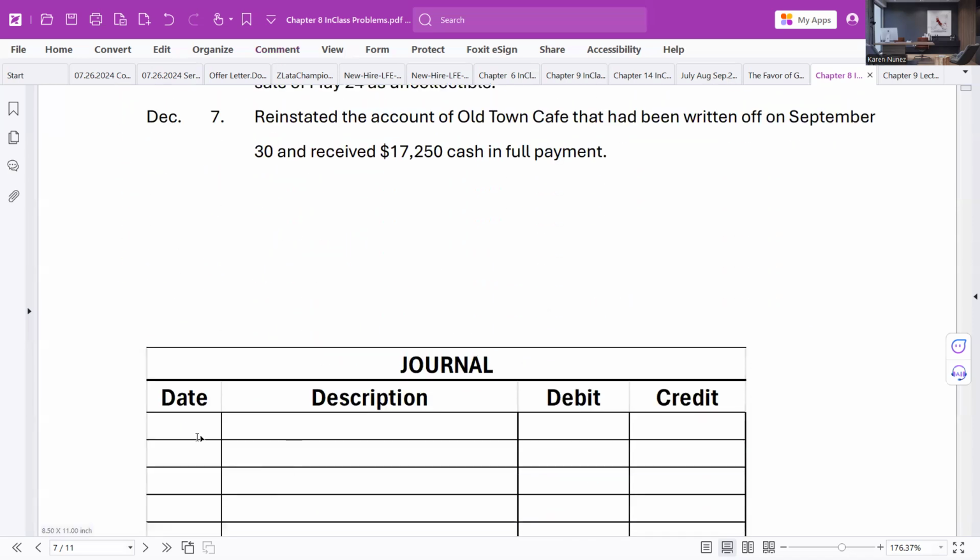So on September 30th, they're only able to collect 10,000. And they're going to write off the rest of it, right?